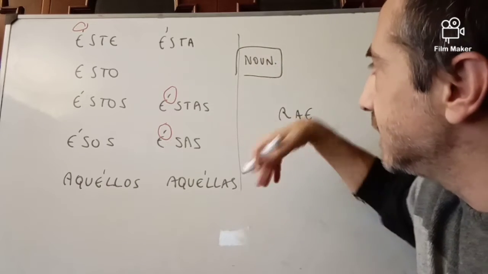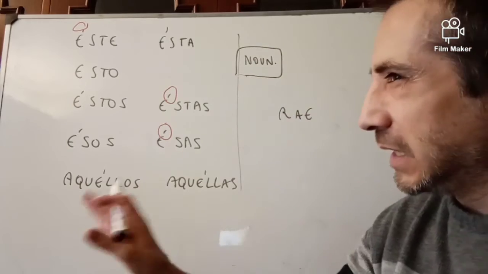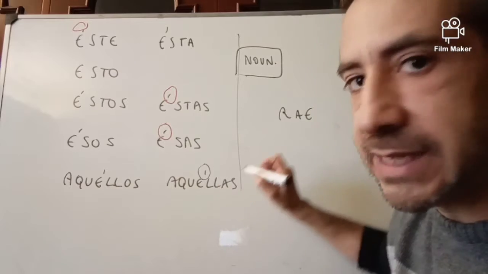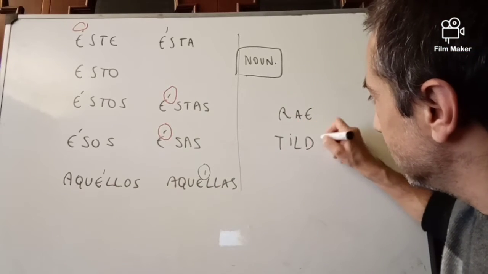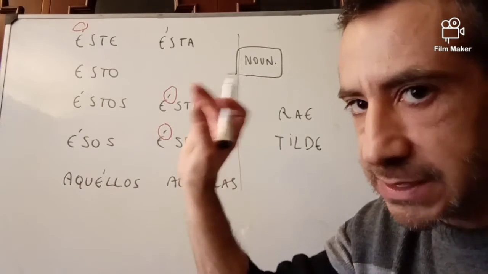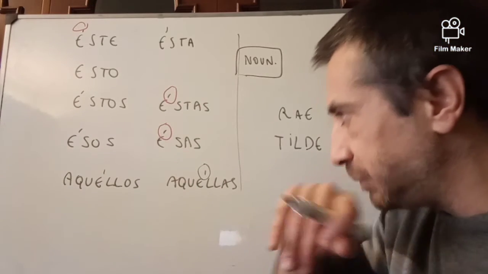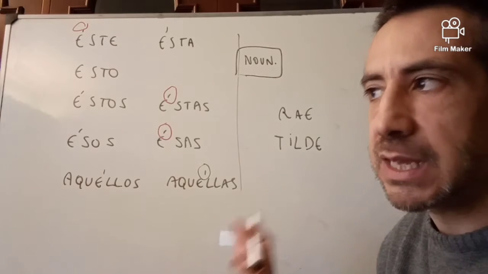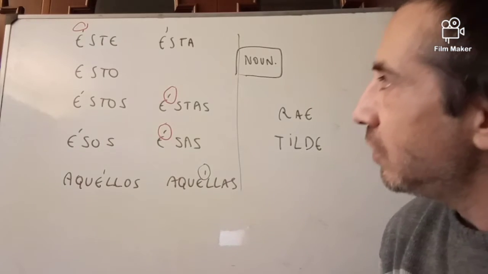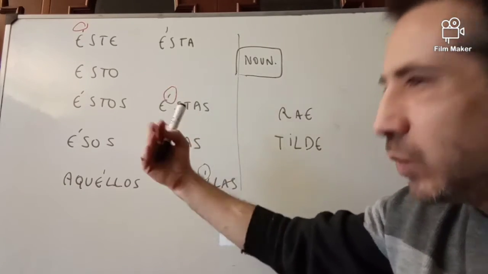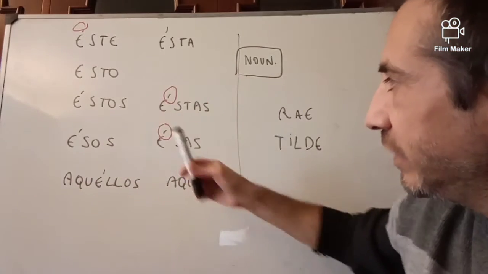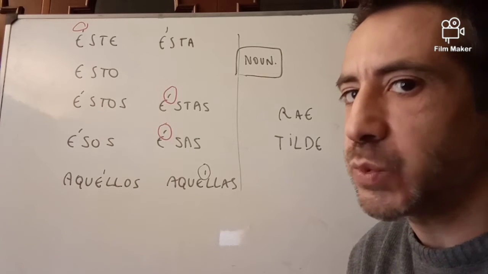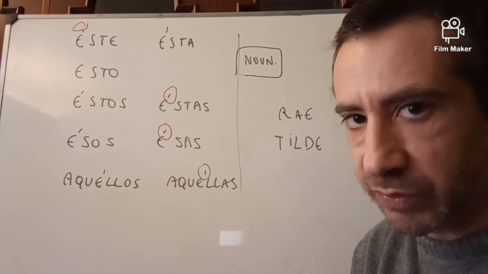So when the pronoun is a noun, till a few years ago, we always had to put el acento tilde, this mark over the vowel. But I don't know why this Real Academia Española has abolished it. So we can keep on writing them with the accent, but the current rule says that we don't have to put the accent.